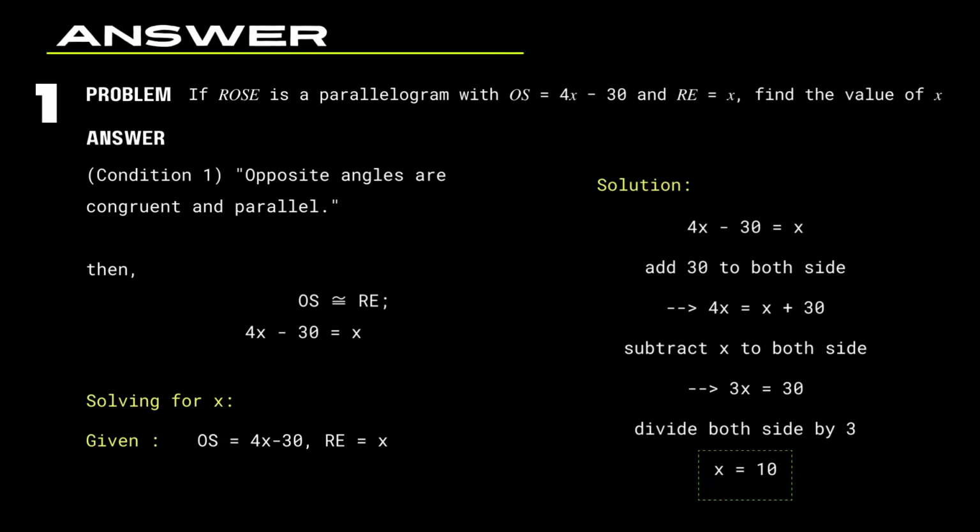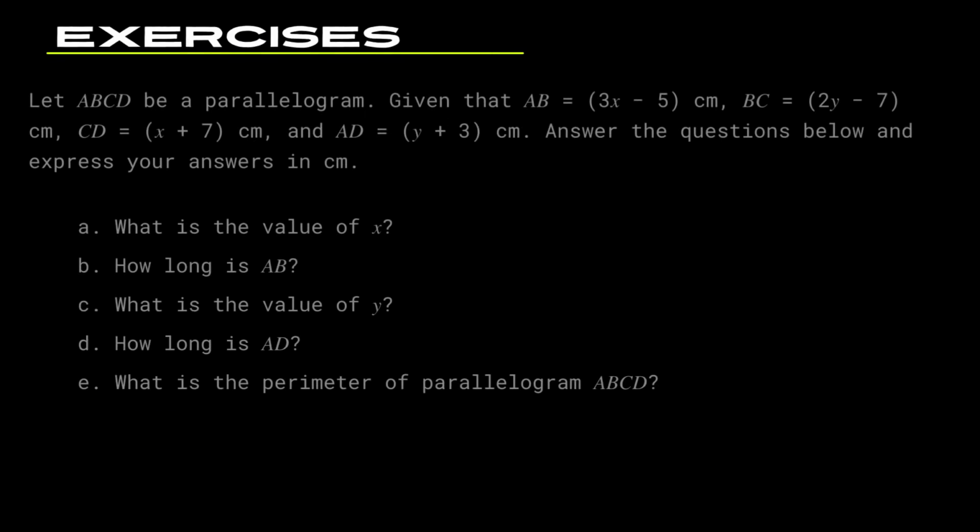Next, we subtract x from both sides, which gives us 3x is equal to 30. Now, dividing both sides by 3 gives us the value of x: 30 divided by 3 is 10. So, x is equal to 10.